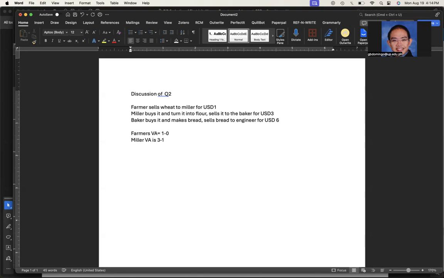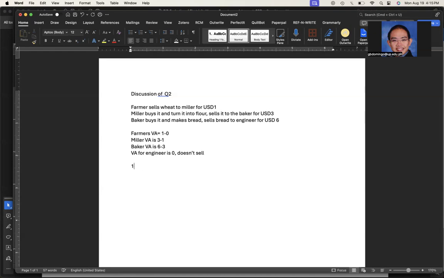Recall that he buys the wheat for 1, then sells the flour for 3. The baker, VA, is 6 minus 3. And note that the engineer's VA is 0 because he doesn't sell. So you can add this up. 1 minus 0.